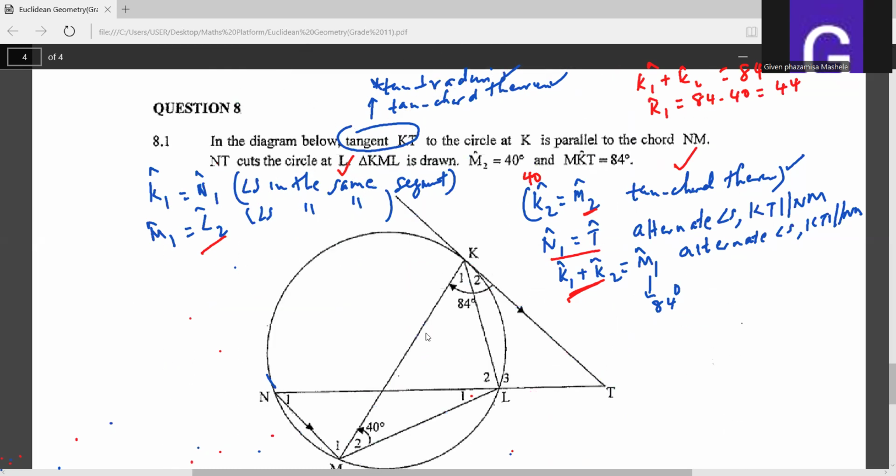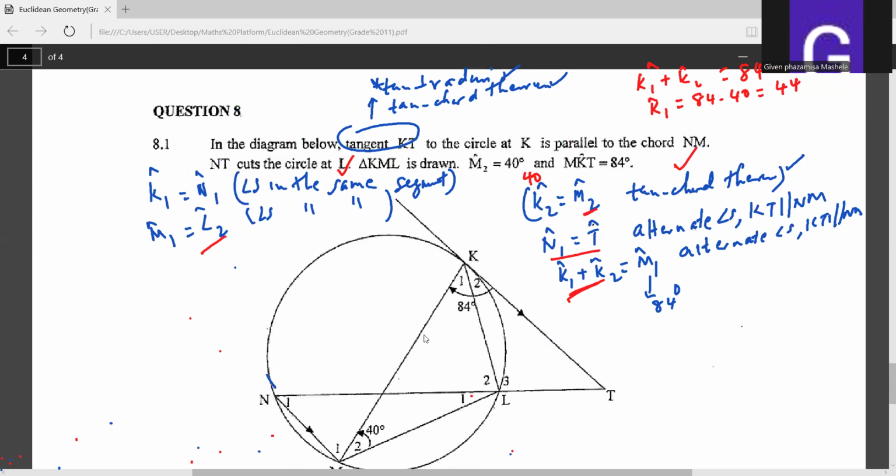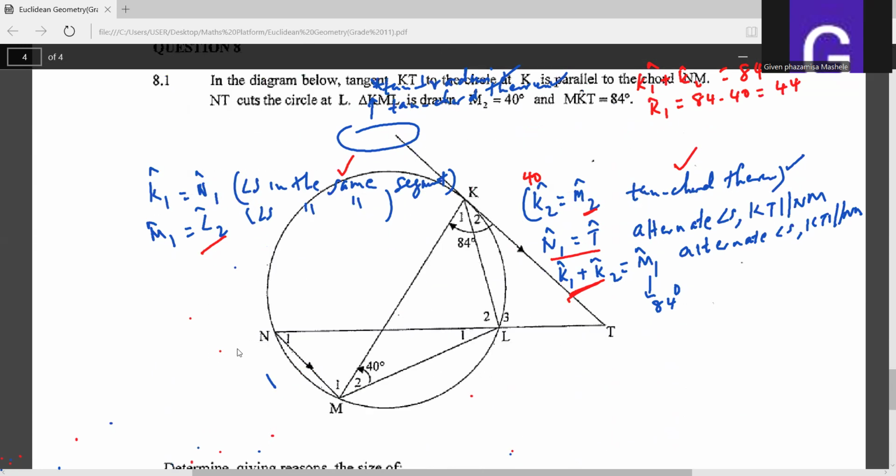Where is N1? N1 is here. We can relate N1 with K1, and K1 will be 44: 84 minus 40. It means N1 is also 44.